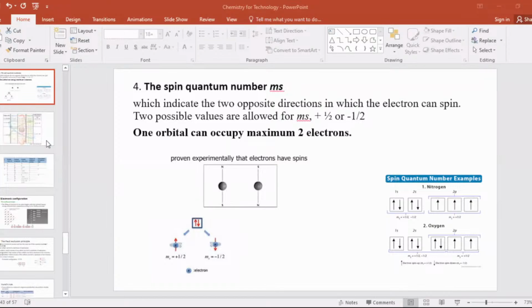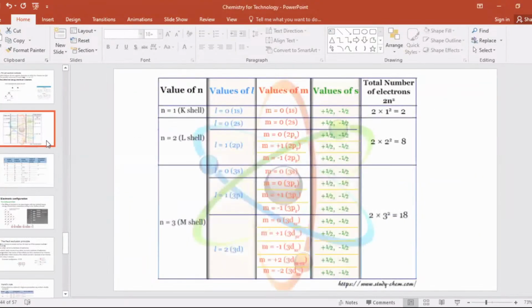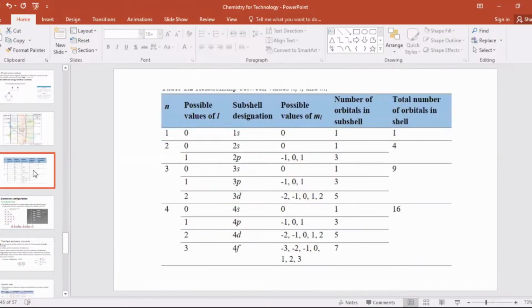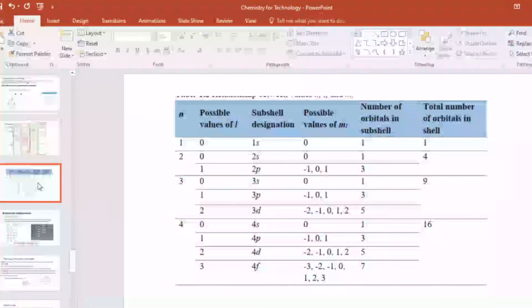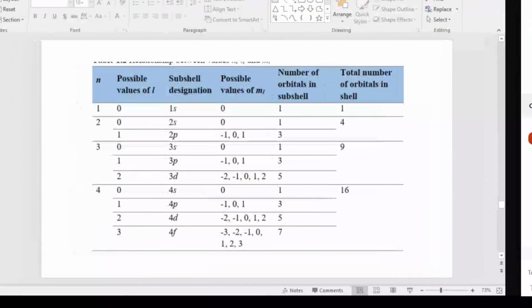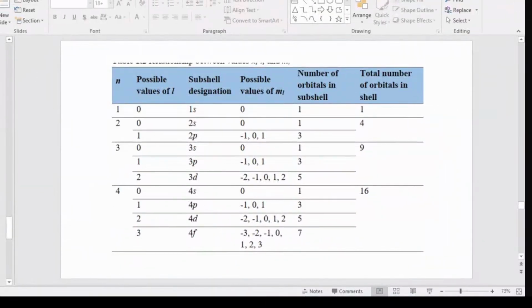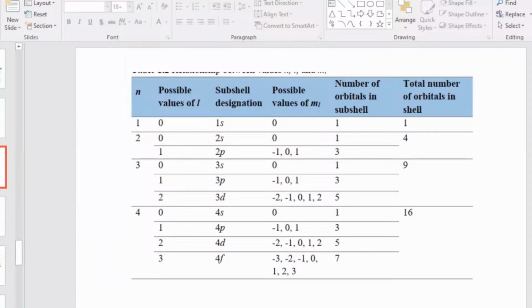You went through the electronic configuration, but it was very primitive. So before moving into electronic configuration, you need to know a bit about the orbital shape.